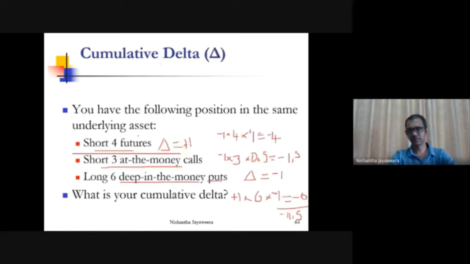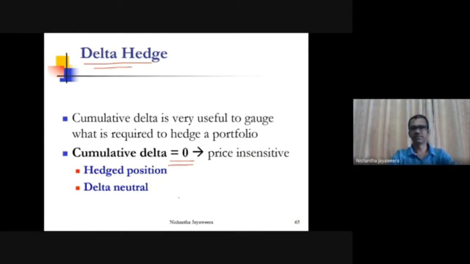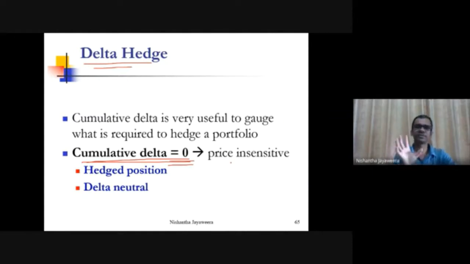But on option pricing, I'm going to stop here. But remember this: when the cumulative delta is 0, your position is price insensitive. Whether price increases or decreases, the value of your position remains the same, unchanged.